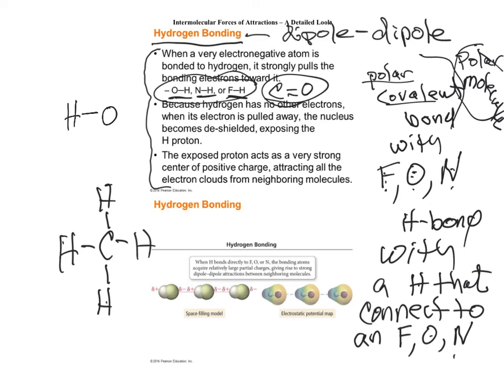Okay? I'll draw the Lewis dot of water. Water has an oxygen that is part of a polar covalent bond in a polar molecule, and it also has hydrogens that are attached to an oxygen, so that's F, O, or N. Water can hydrogen bond.